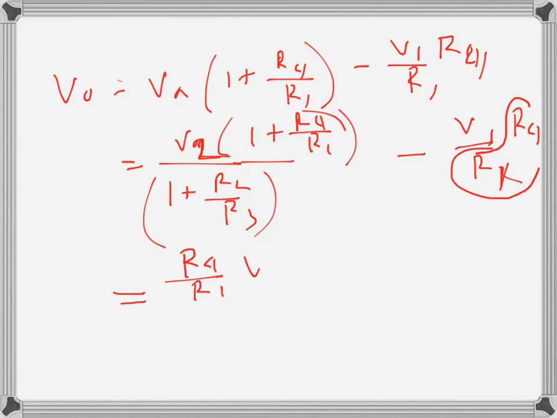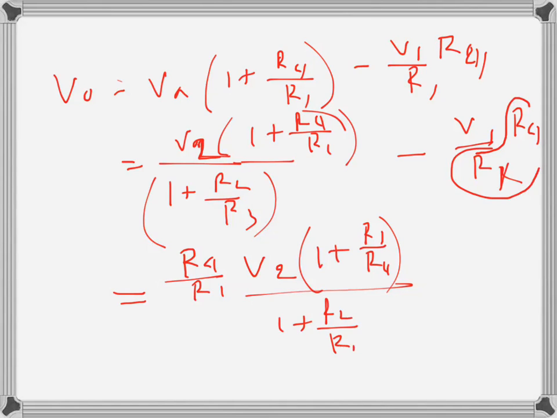So this is becoming V2 times R1 over R4 times (1 plus R2 over R3), minus V1 times R4 over R1.